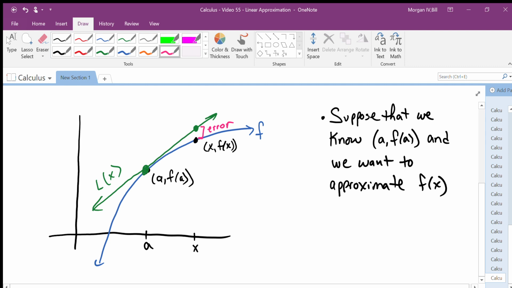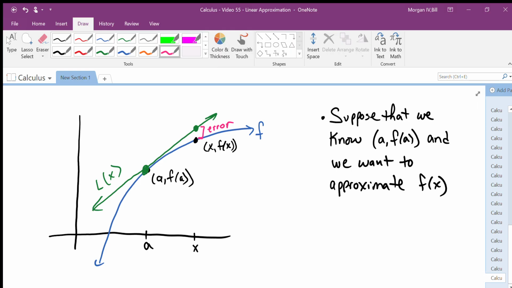Again, we're using the value of x on the line to approximate the value of x on some curve. And maybe what you're imagining here is we have a really complicated curve. We're not going to really have complicated curves in Calc 1, but let's suppose we do, and we just need to estimate what happens on that curve at a particular x value.